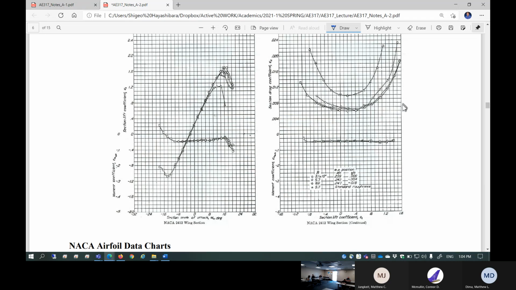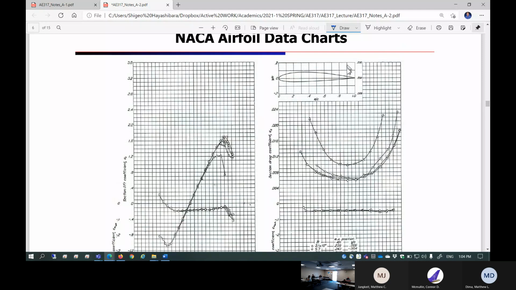Okay. The right hand side is, of course, two different kinds of plots. One is drag polar. So those are the drag polar plots. This is a plot of lift coefficient against drag coefficient. One of them is a completely different data set. Why is that? Anybody? This set of data belongs to the flap.